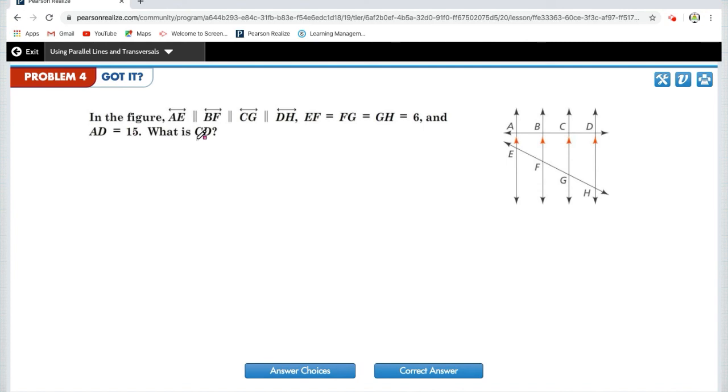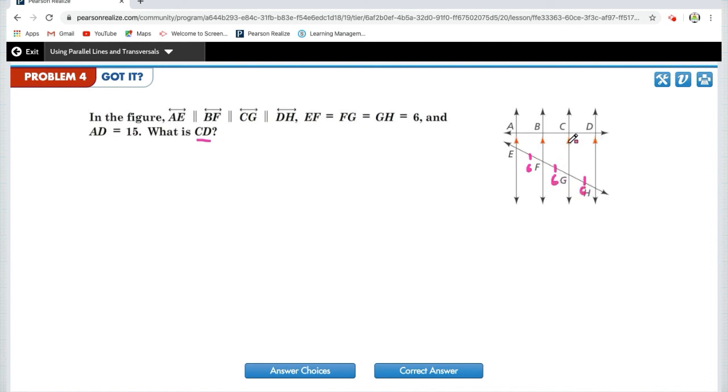What is the length of segment CD? So these lines are parallel to each other, and these lines cut this segment into equal parts. So here it is given that EF is equal to 6. Then all of these are equal to 6.